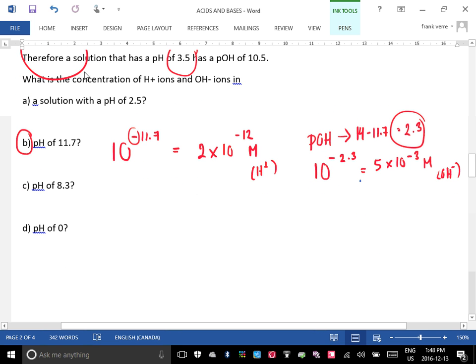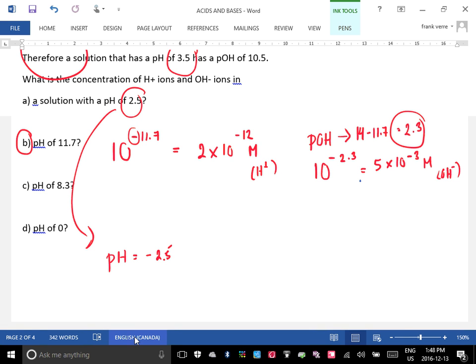So let's imagine that we had, so here's 2.5, okay? Let's imagine that it's negative. Because you could have a negative pH. It's possible. So let's imagine that it's negative 2.5. So then what would the concentration be? So it would be 10 to the power of negative pH, right?